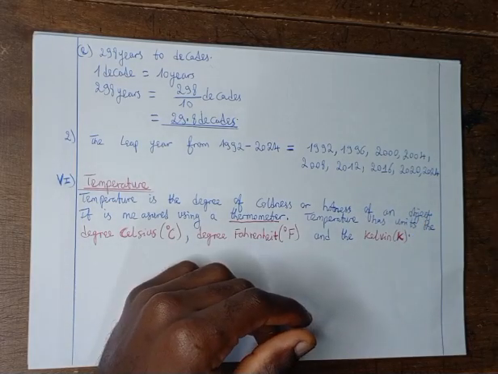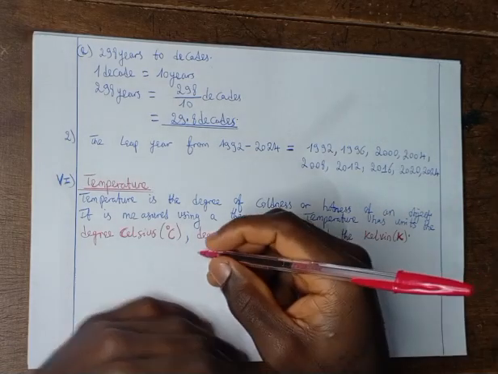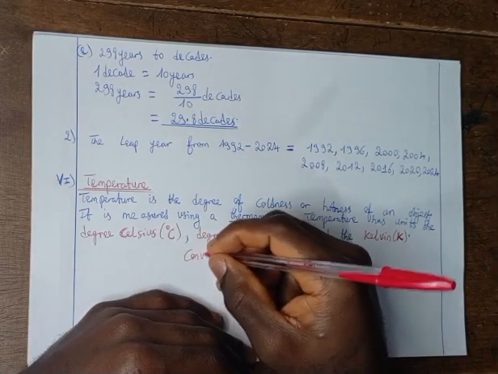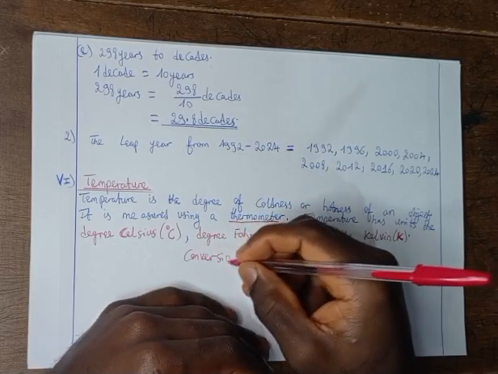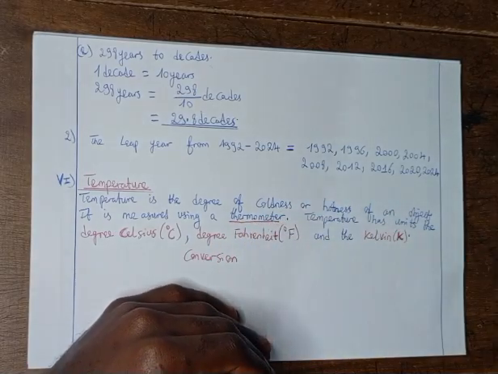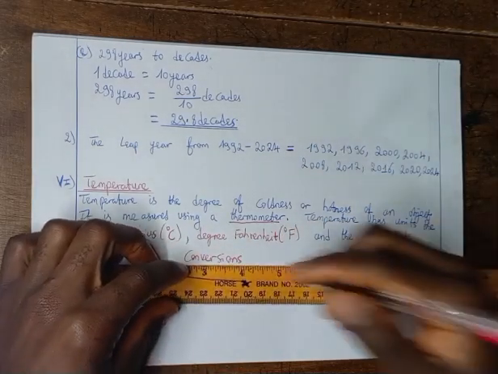Next, let's take conversions, how we can change from degree Celsius to Kelvin, from Kelvin to Fahrenheit, from Fahrenheit to degrees Celsius.